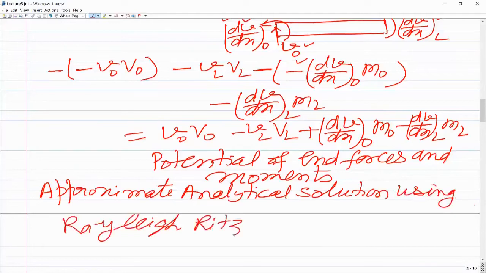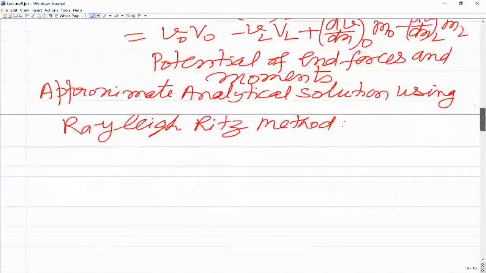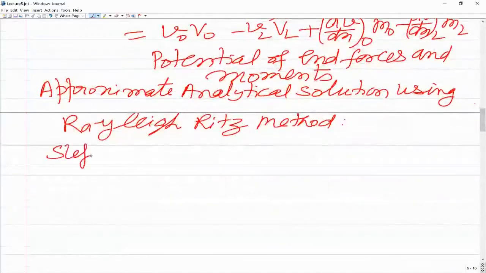Let me first write down the three main steps which are involved in this. So step number one is: assume an approximate solution.